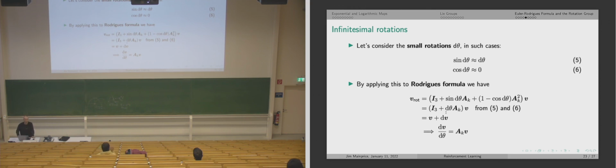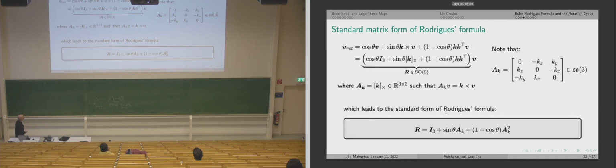In the previous slide, I didn't get where cos theta went. In the form of the Rodrigues formula, before the identity, I think there was no cosine theta on top. This one?